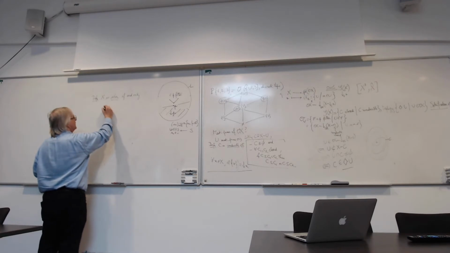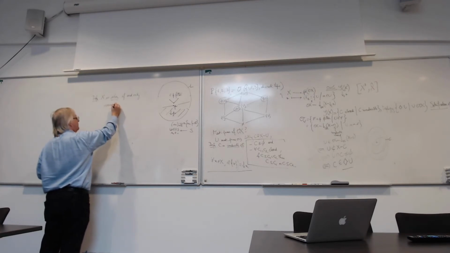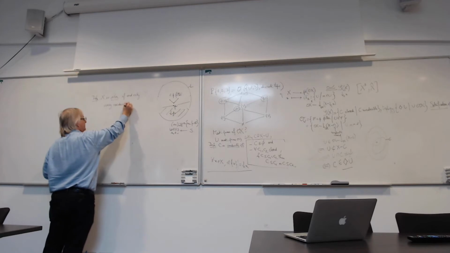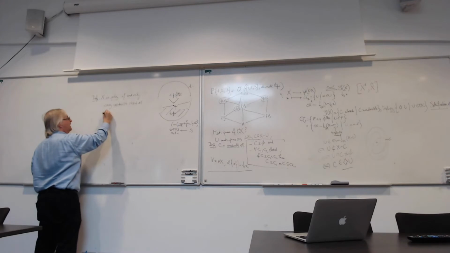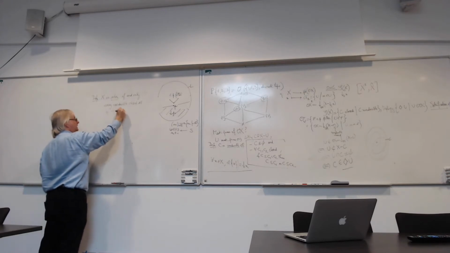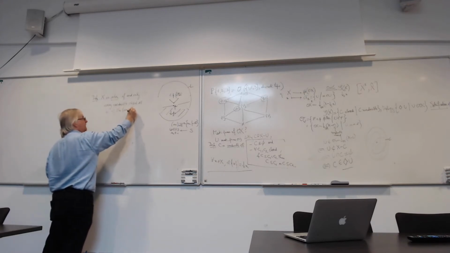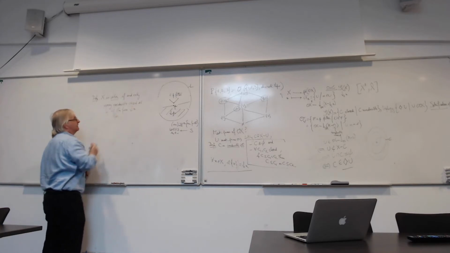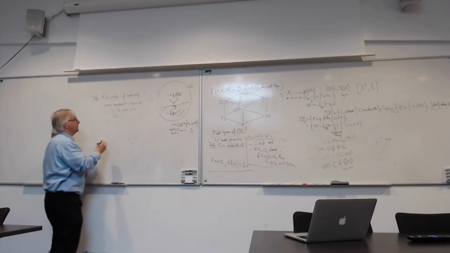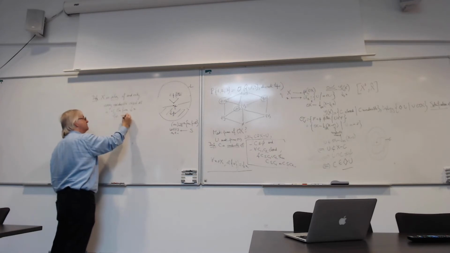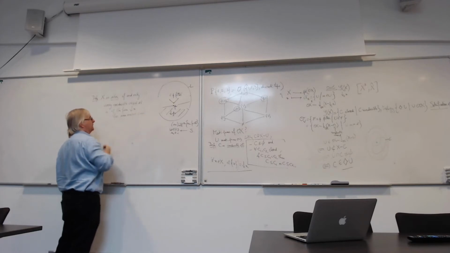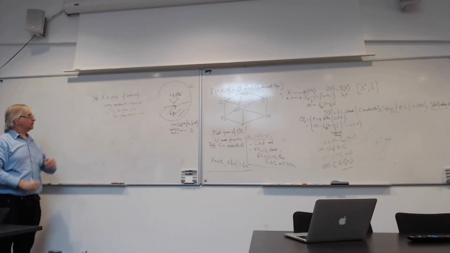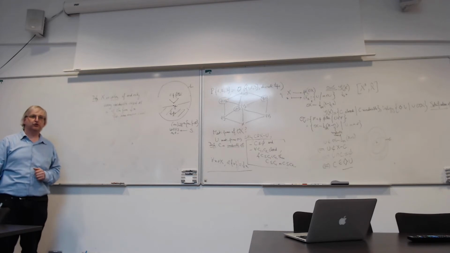X is sober if and only if every irreducible closed set is of the form closure, or down arrow, of some point, and the only thing where I lied is it's not for some point, it's for some unique point. This is just a trick. It's equivalent to saying that, or to say for some point and the space should be T0. That is, the specialization preordering should be an ordering.